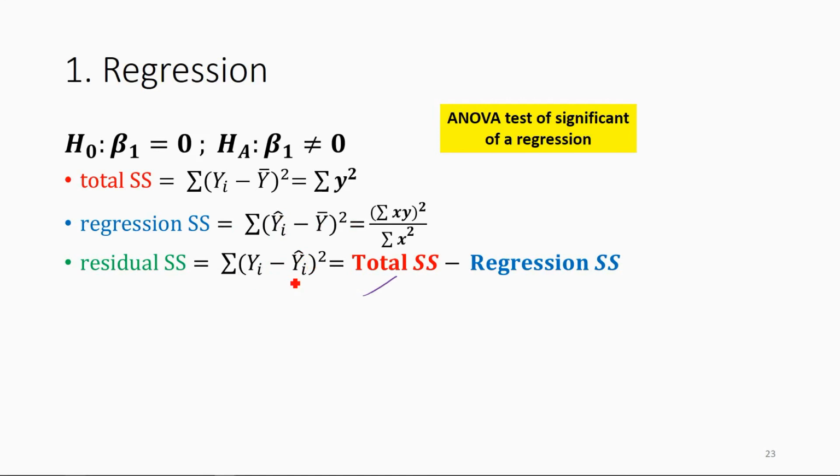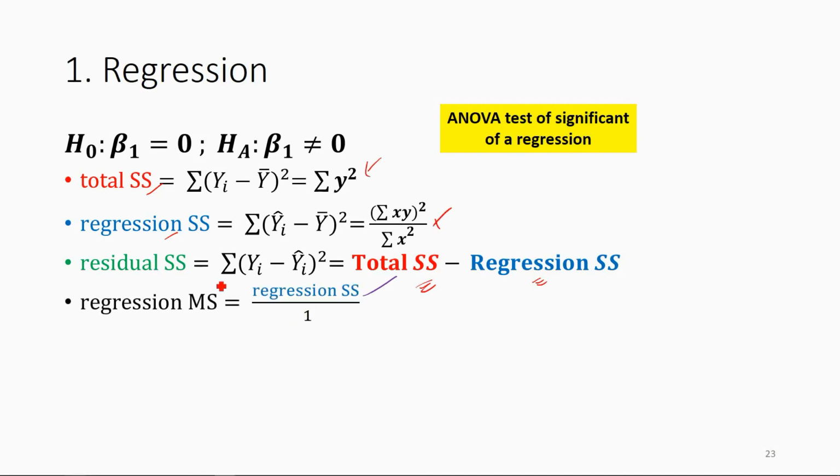But to do this is quite difficult. So if you have calculated this and this, you can just take the total minus the regression sum of squares. Then what remains is the residual, those that cannot be explained by the regression. What I show here is just a shorthand formula.